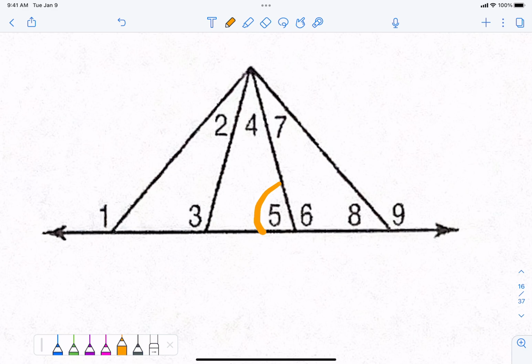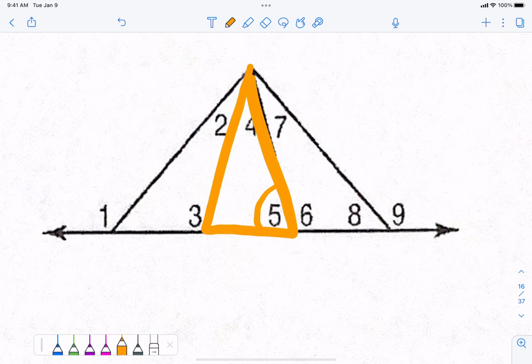Okay. Let's talk about this middle triangle right here. What's the exterior angle to angle 5? 8? Or wait, no. 3 and 6. You see that? If we're talking about this middle triangle right here, 3 and 6 are touching. Okay, we're talking about angle 5 in particular.